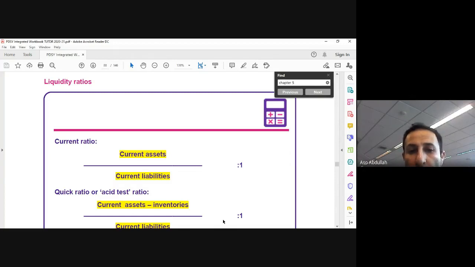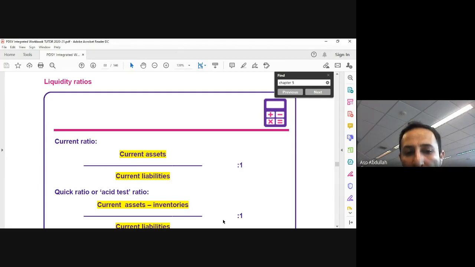So always remember your current assets must be greater than your current liabilities, so 1 and over. If it is greater than 1, it is better. But if it is less than 1, it is not a good indication for a company. It means the company may not be able to meet its short-term obligation within a time frame.